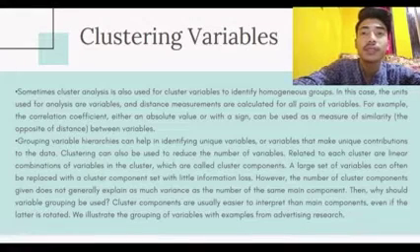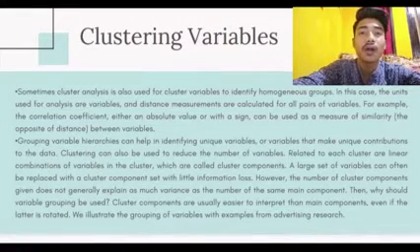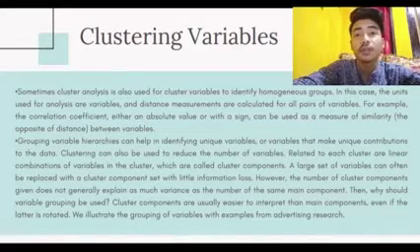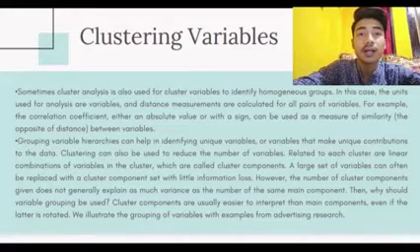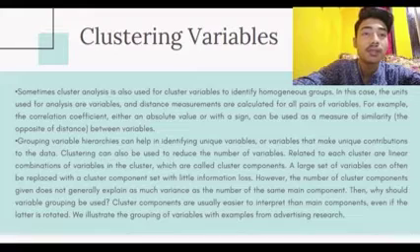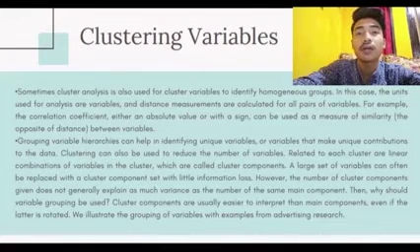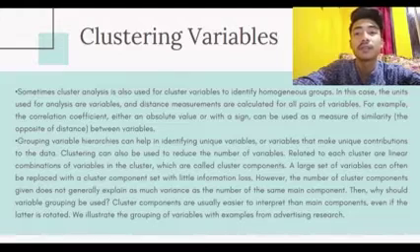In this case, the units of analysis are variables, and distance measures are calculated for all pairs of variables. For example, correlation coefficients, either absolute values or with sign, can be used as a measure of similarity, the opposite of distance between variables.